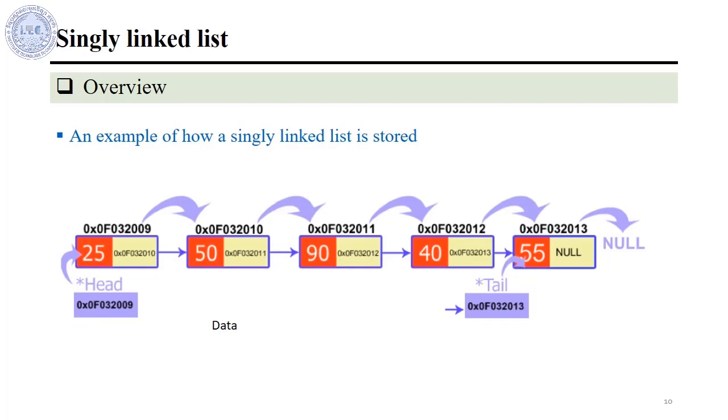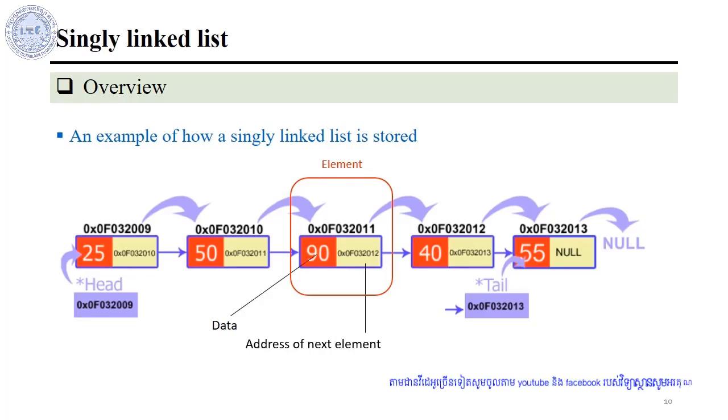As you can see here, for example, in the first element, the pointer stores the address of the next element, which is address 0x0f032010. If you specifically focus on the element itself, it consists of data and the address of the next element. And the element itself also has its own address, and this address is used in the previous element to link.